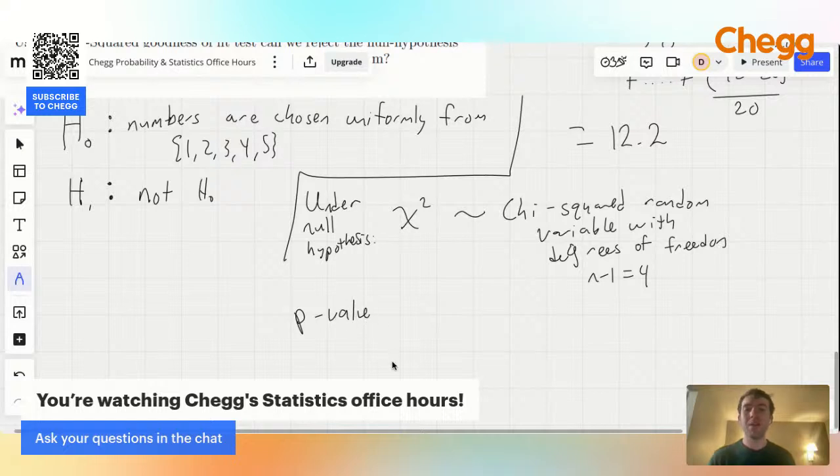What the p-value says is, in this case, it's literally the probability that under the null hypothesis the statistic is greater than or equal to the observed value. So what's the probability that under the null hypothesis we get something more dramatic than what we saw, right?